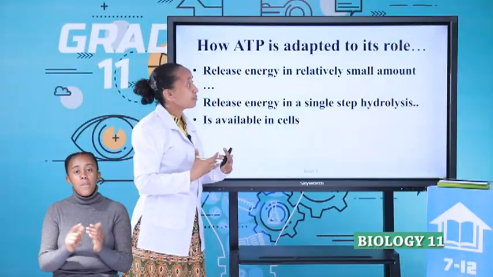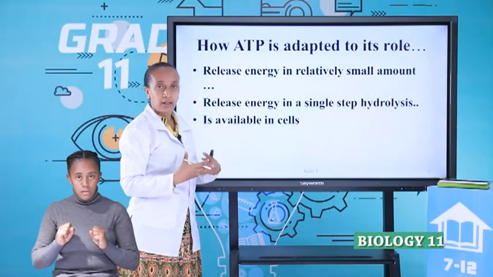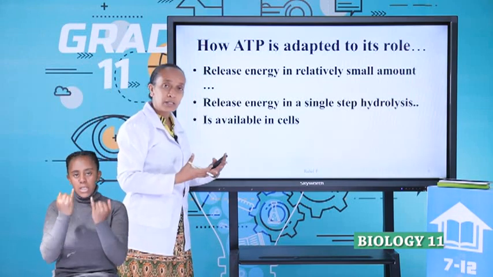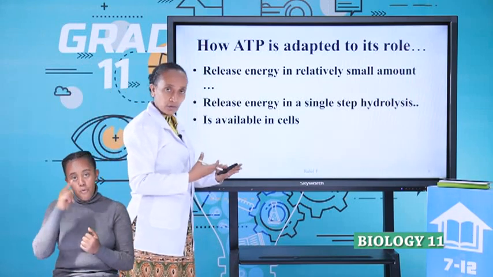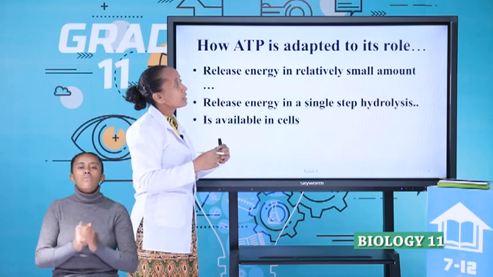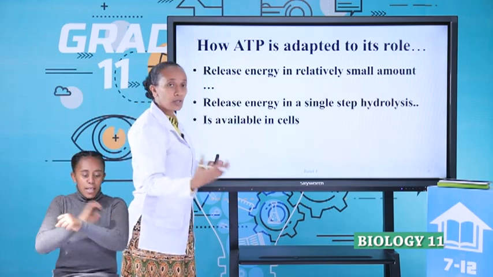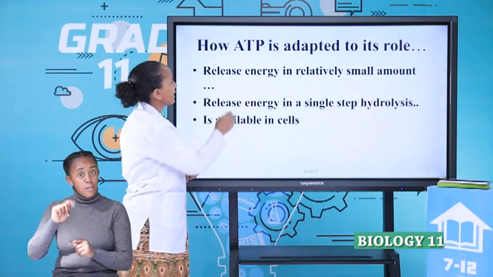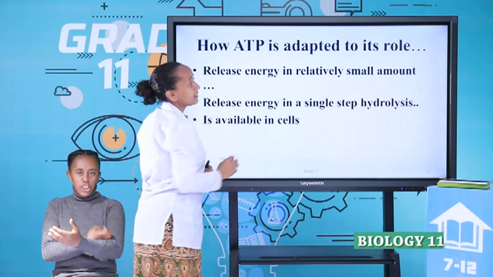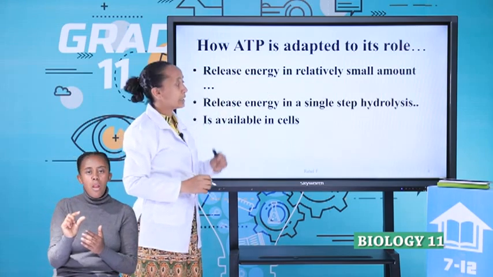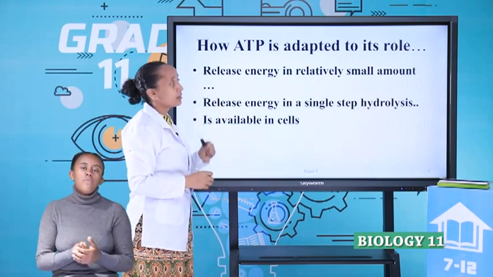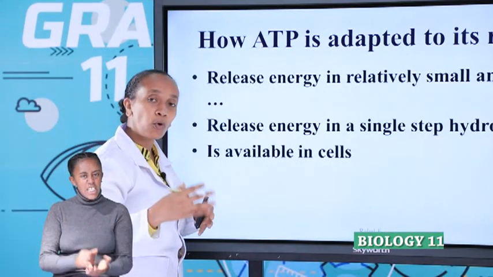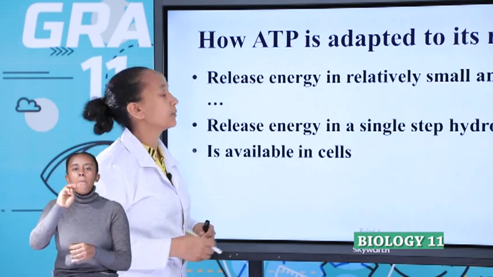So if ATP has such a structural form, how is ATP adapted for its role? What is its role? Its role is carrying energy for cellular activities. ATP is adapted to its role because it releases energy in a relatively small amount. This small amount is sufficient for the metabolic reaction.